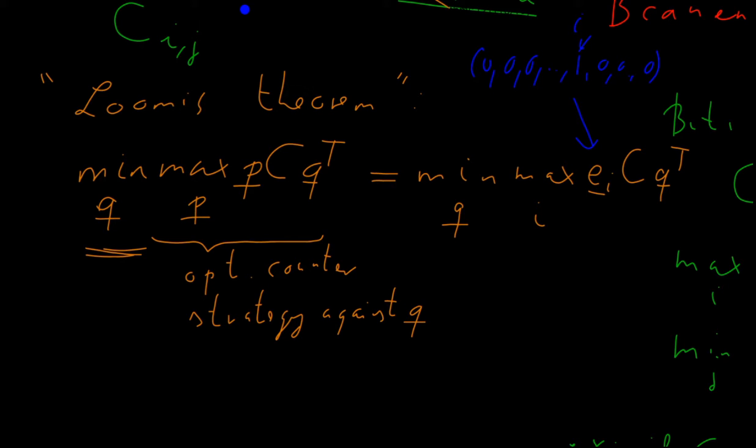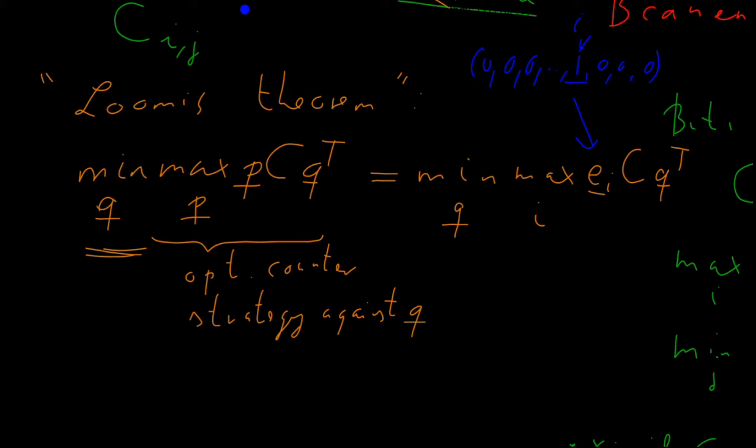So multiplying a vertical vector with this ith unit vector will just choose the ith row of that column vector, or matrix if you wish.